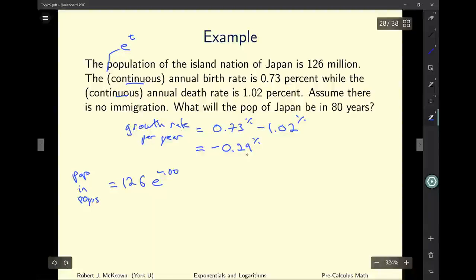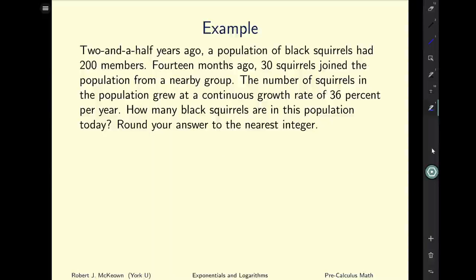Negative 0.0029 times 80. Plugging this into my calculator, I end up with 126 times 0.793 approximately. And the answer is 99.9 million.